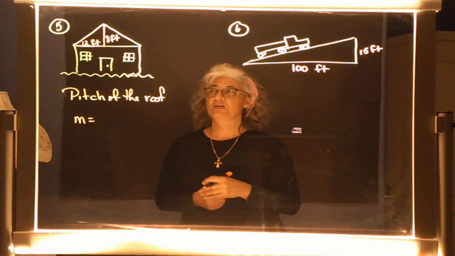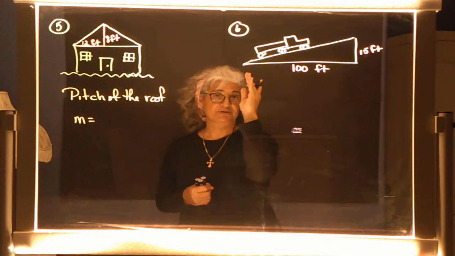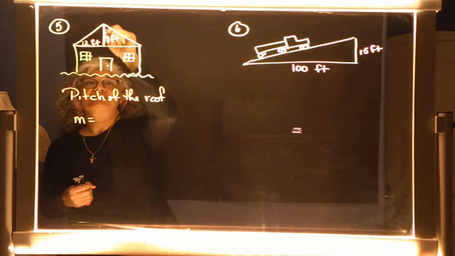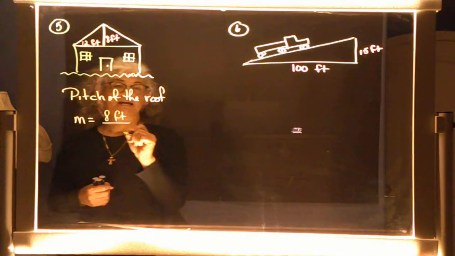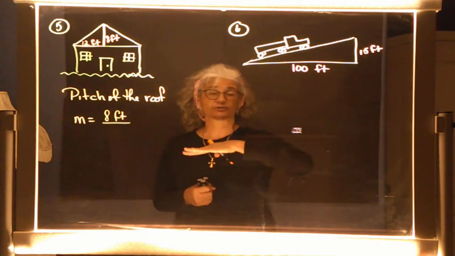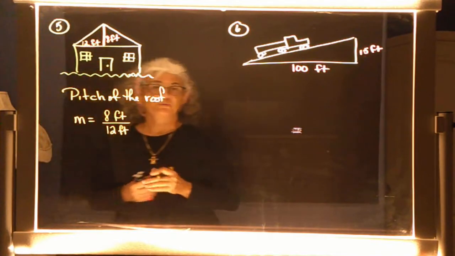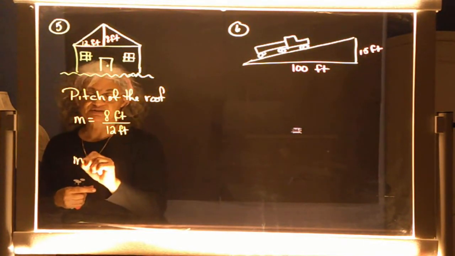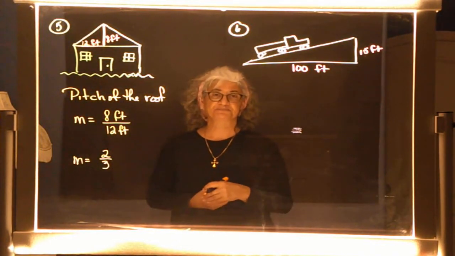With me? Okay, so remember, the y's are on top, and the y's are vertical, aren't they? Well, the 8 is the vertical line here, which means I'm going to put 8 feet on the top. And on the bottom, I put the x's, which go left and right. They go horizontal, which is that 12 feet. With me? Okay, so here's the thing. I have a fraction. Let's reduce it. We can reduce it to 2/3. Correct?